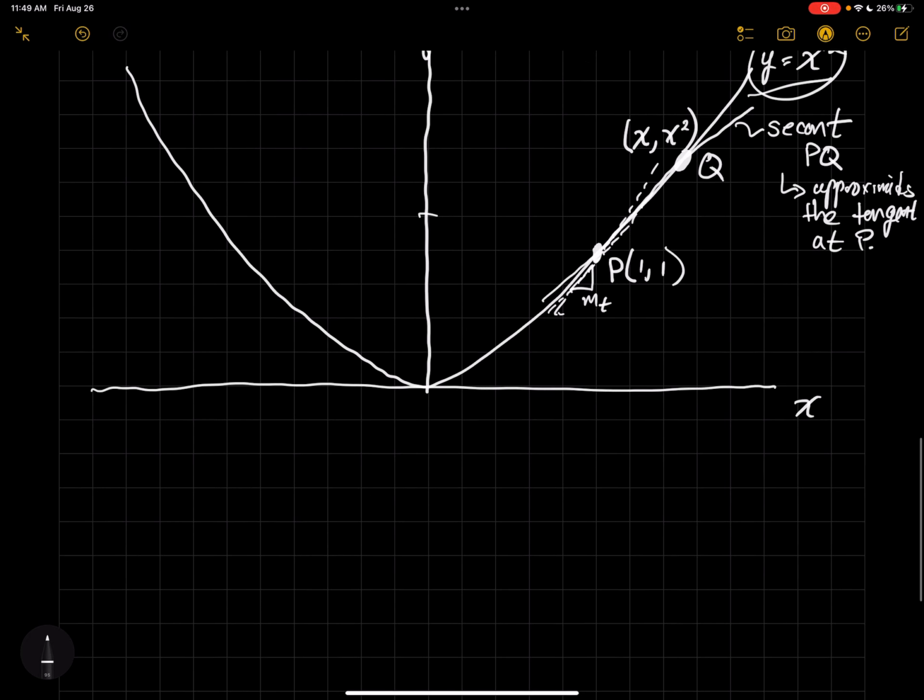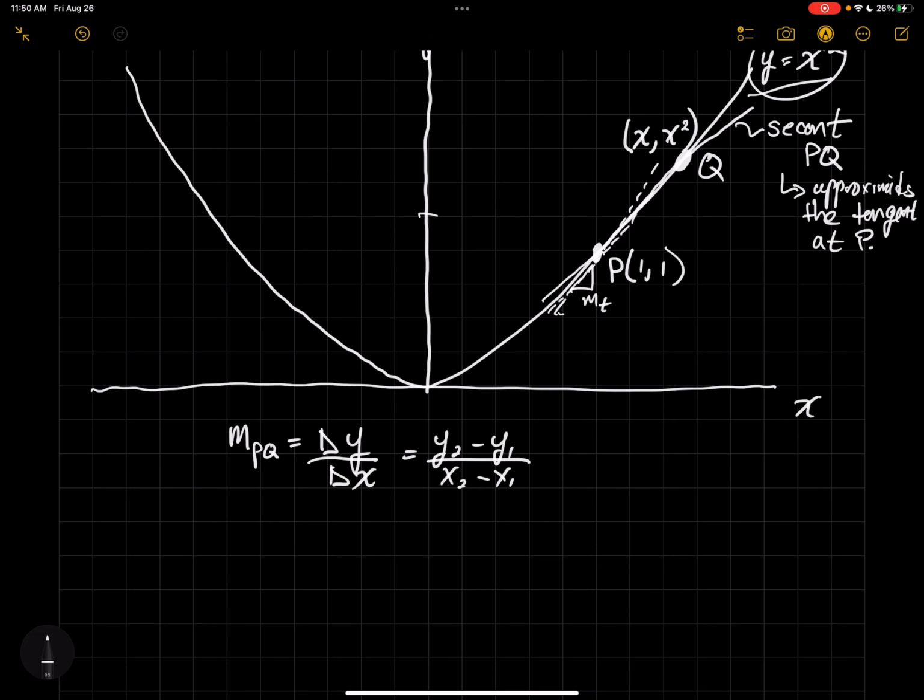Now since I'm saying that this secant PQ is an approximation to the tangent at P, I can go ahead and determine the slope of the secant PQ. Again, the slope of PQ is going to be some rough approximation to the tangent at P. So the slope of PQ is the change in y divided by the change in x. The change in y is y2 minus y1, divided by x2 minus x1.